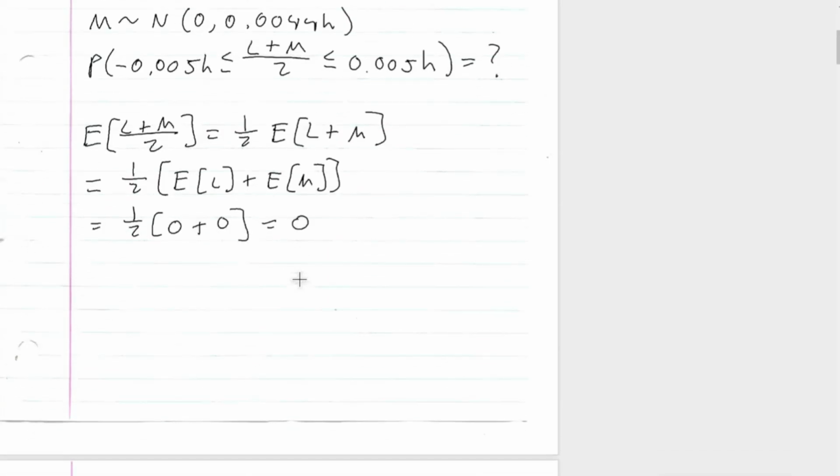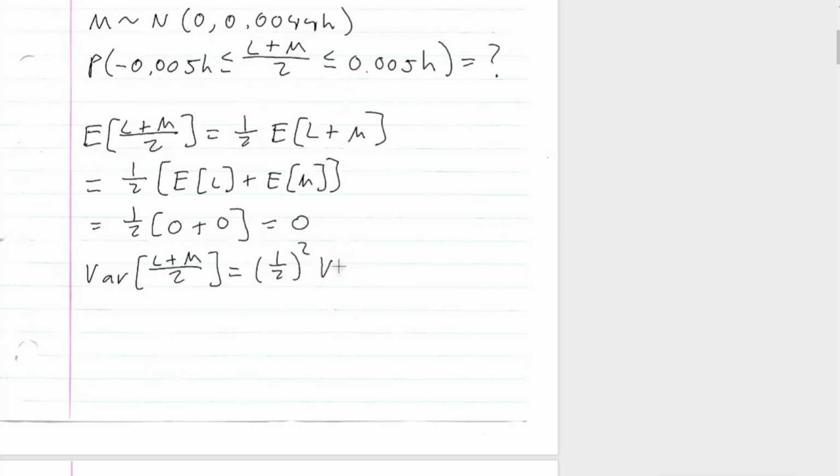Now let's find our standard deviation. We can find the variance of our distribution L plus M over 2 and then take the square root of it. For the variance of something with a constant, we can take out the constant, but we have to square it.